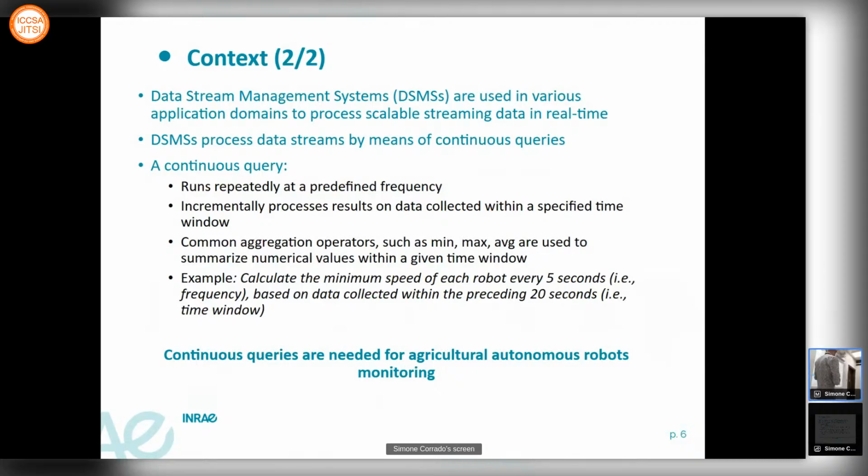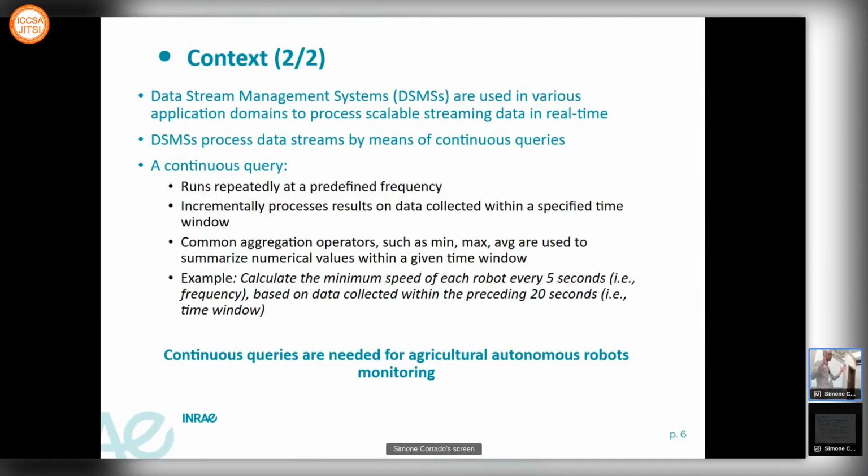These kinds of in-memory databases are able to compute queries like this: calculate the minimum speed of each robot every 5 seconds, so the query is executed every 5 seconds.